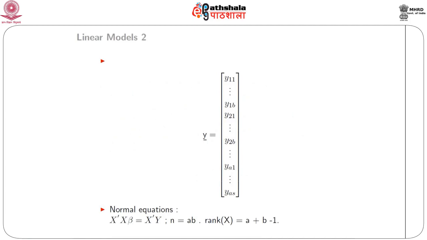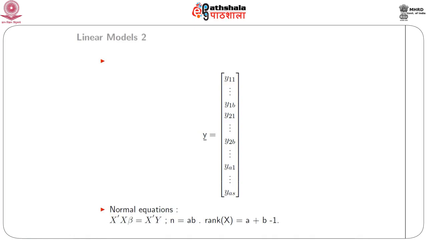The vector y is the long vector consisting of all the observations or measurements. So, I write it as a long vector whose size is a times b. It starts with y11 and goes on up to yab. The b of course is wrongly typed here as s.